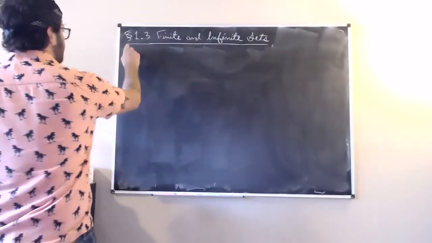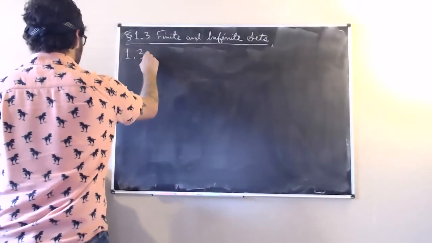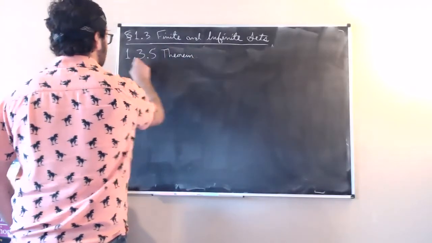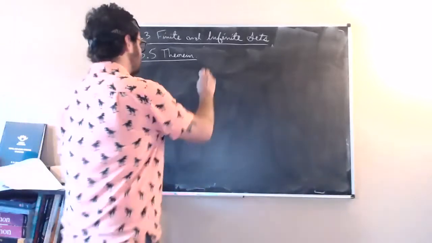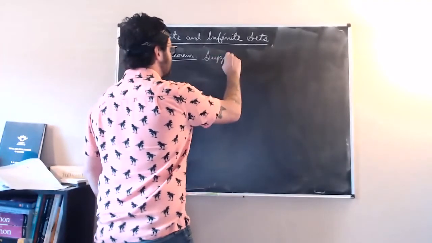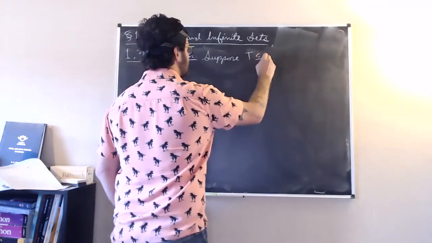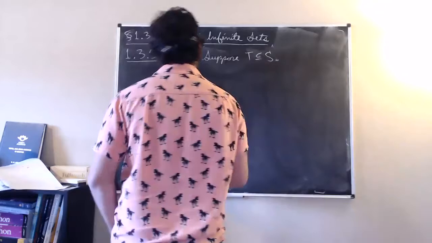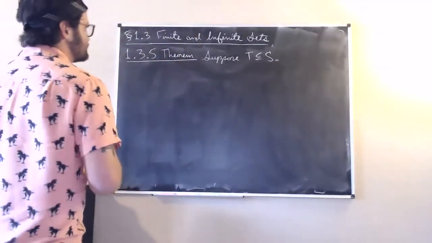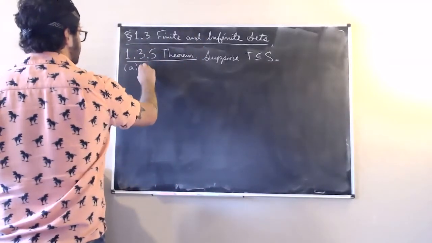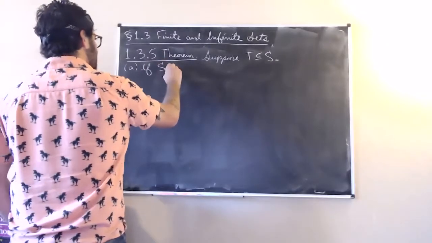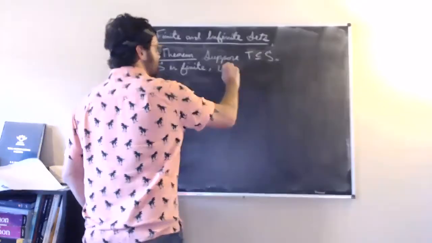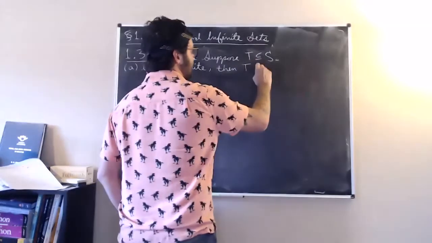Okay, so next theorem. Theorem 1.3.5. Suppose T is a subset of S. This is part A. If S is finite, then T is finite.